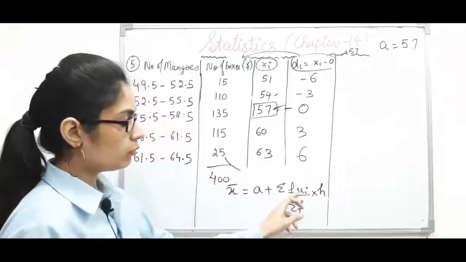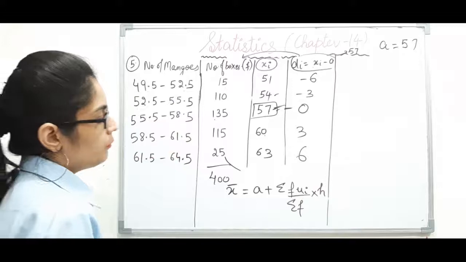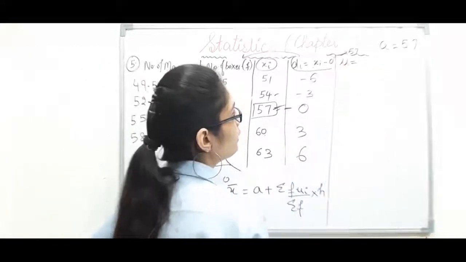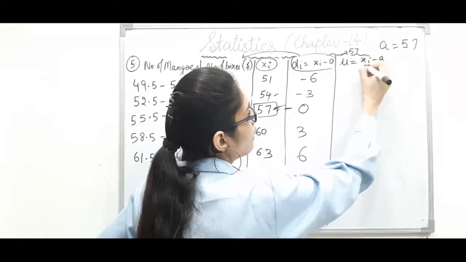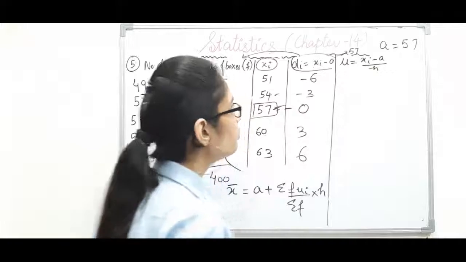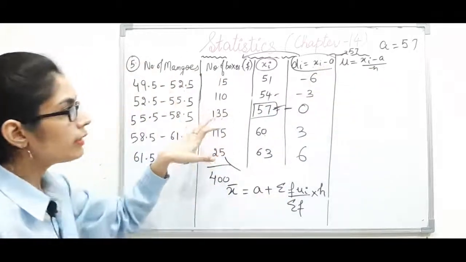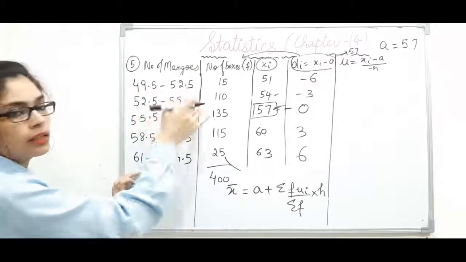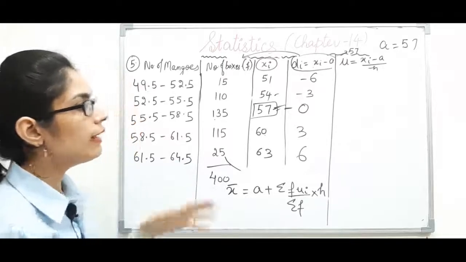So now we have got one new term, u and h. Here u I will write. So u is xi minus a upon h, means this difference divided by h. So h we can find by the difference between the class intervals, whichever number is the difference between the class intervals, that will be the h.